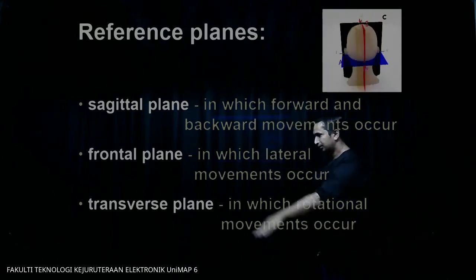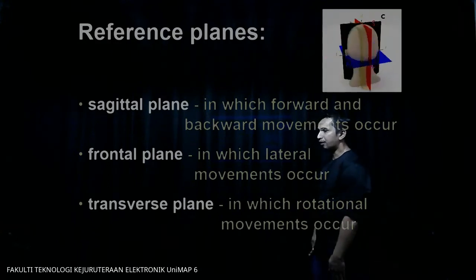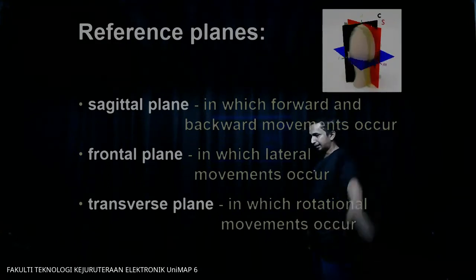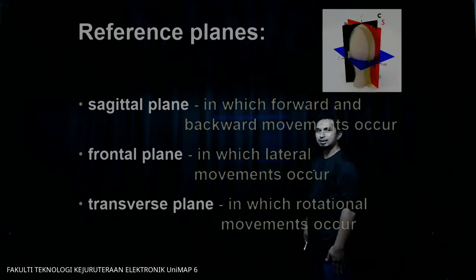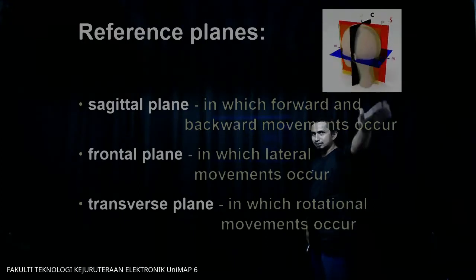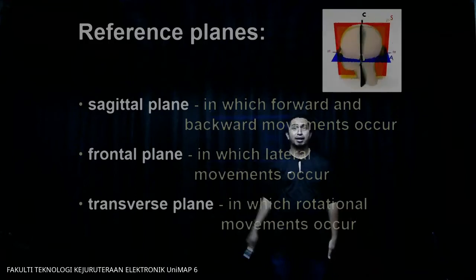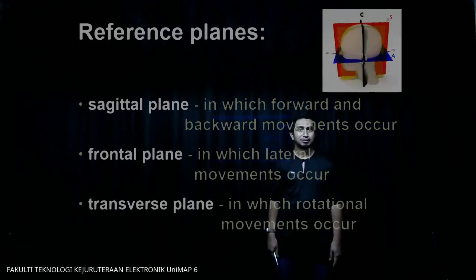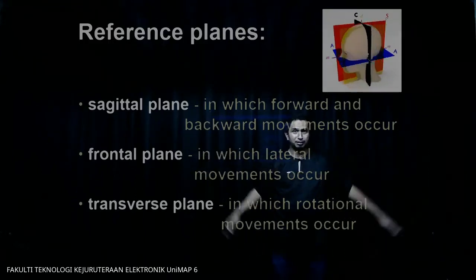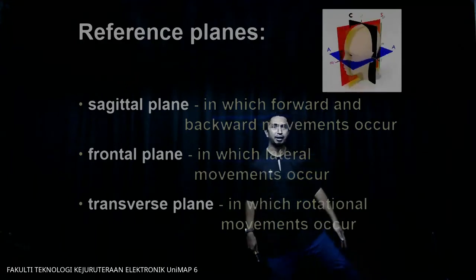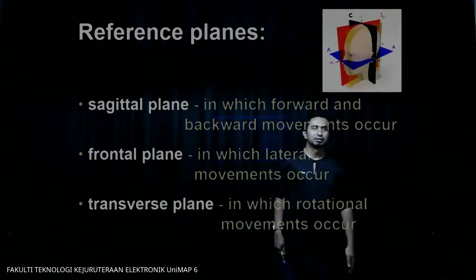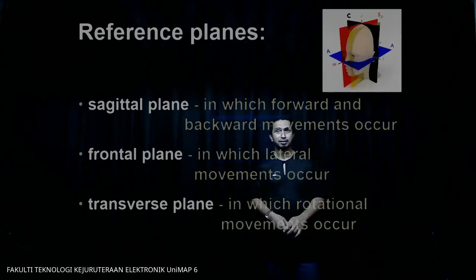Backward, sagittal plane. If I move to my side, this is frontal plane. Side of my body is frontal plane. If you move your feet left and right, also frontal plane.